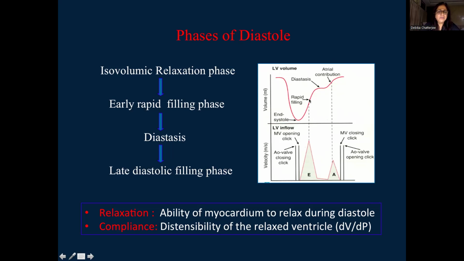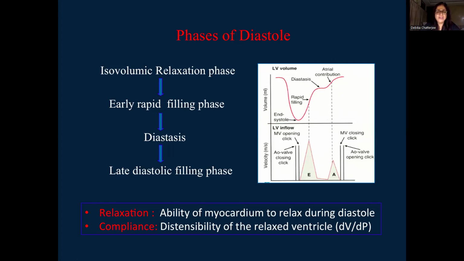Around 80% filling of the ventricle takes place during the early rapid filling phase, because the heart is very compliant and it receives whatever blood LA is sending. Because of the pressure difference, the LV is ready to receive.